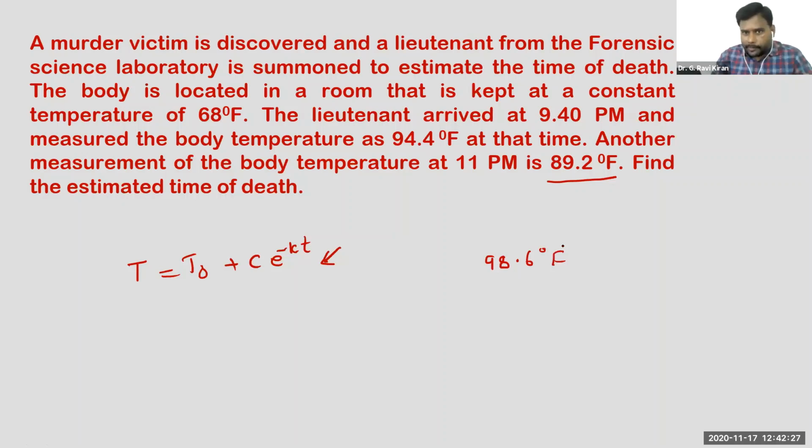Normal body temperature, right? Now the room temperature is exactly 68 degrees Fahrenheit. When this human being lost his life, slowly the temperature of the body cools down towards 68 degrees Fahrenheit. Within this time only, he arrived at this situation. When he observed the body at 9:40 p.m., he found the temperature of the body is 94.4 degrees Fahrenheit.